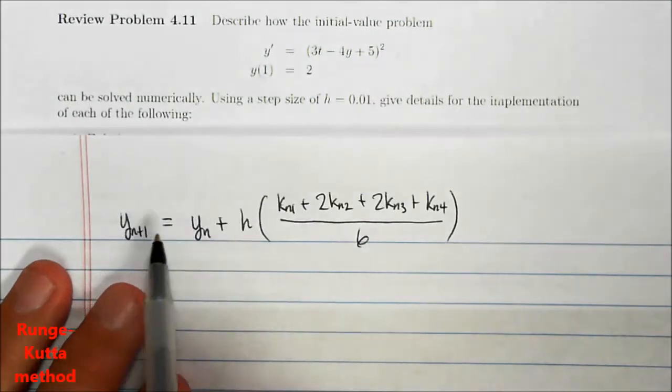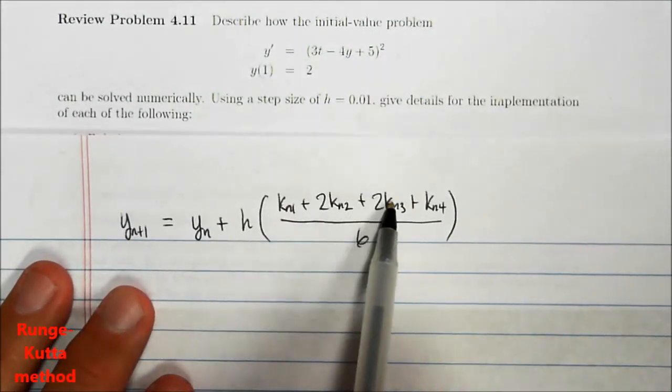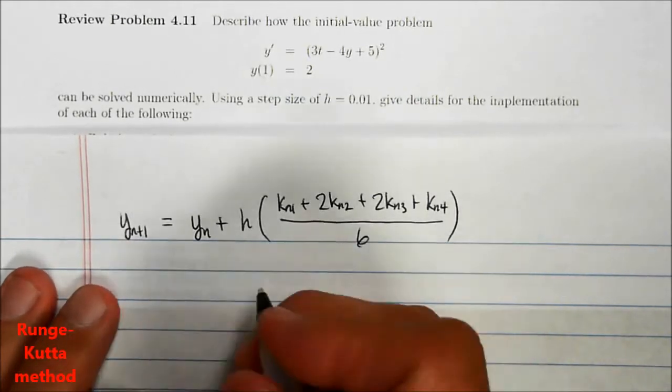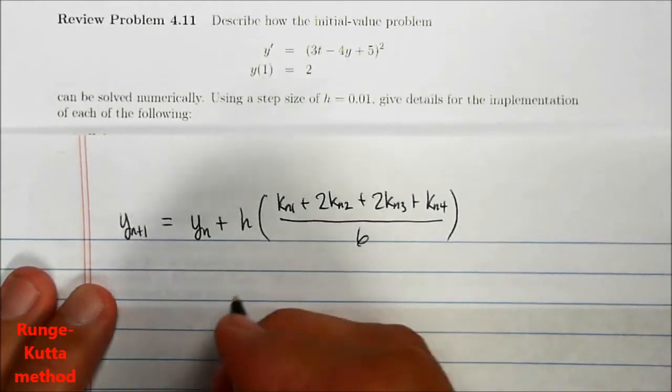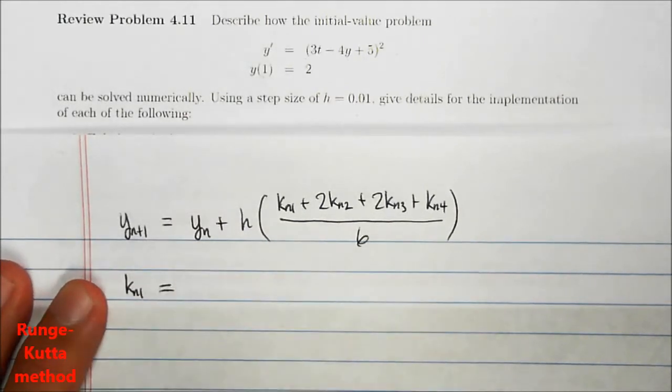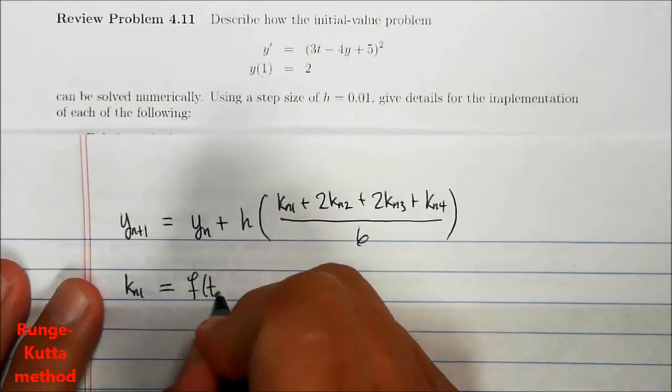So there's 5 steps of computation. I've got to figure these 4 things out, and then the 5th step is to get y sub n plus 1. So in this example, k sub n1 is equal to f of t sub n, y sub n.